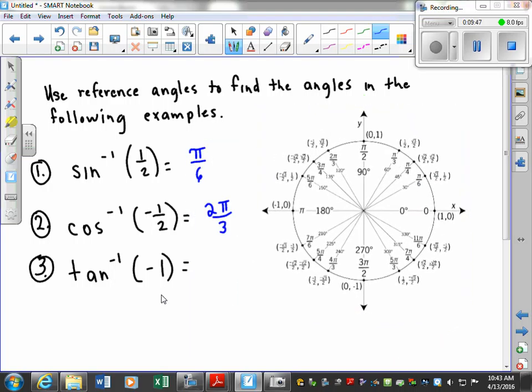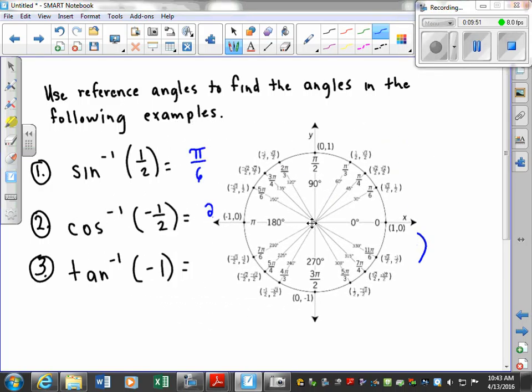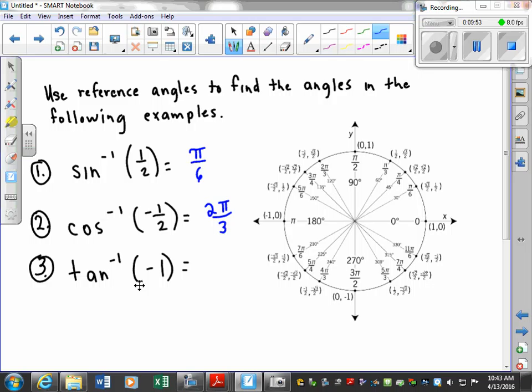What angle is in this region whose tangent is negative 1? Now, tangent is defined to be what? Your sine over your cosine, or your y value over your x value. So where is that going to be negative 1? Over here, good, we're in the right region, absolutely right. So it's going to be this one, 7 pi fourths.